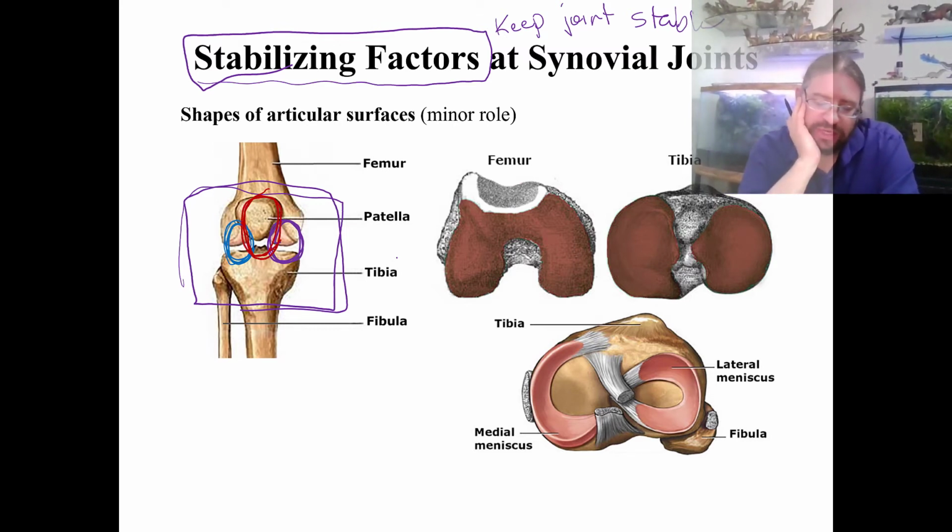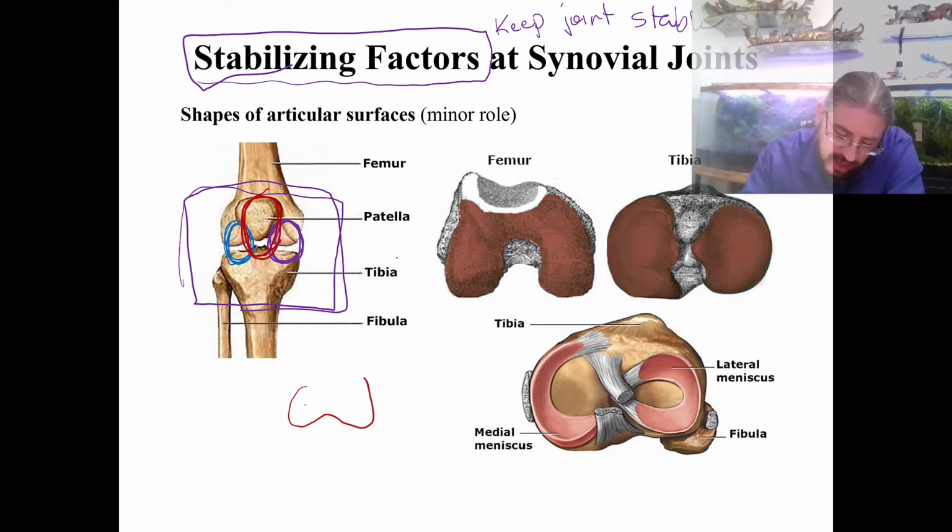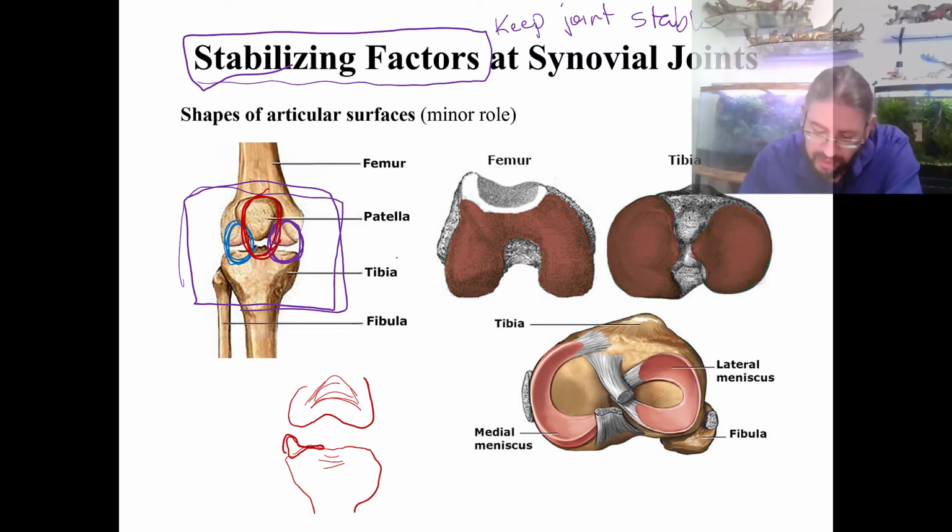So there's basically 3 separate joints here. And you can see the shapes of the joints aid in that articulation, right? So when you look at that femur, it has that indented area for the patella. And then the shape of the tibial joints is aided by the meniscus, which is essentially a little cartilaginous pad that helps to create a little cup.